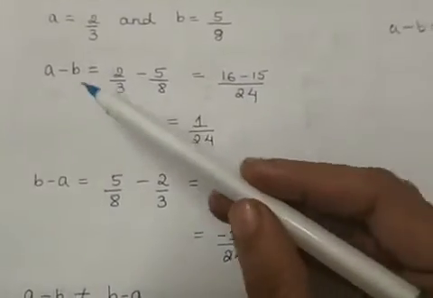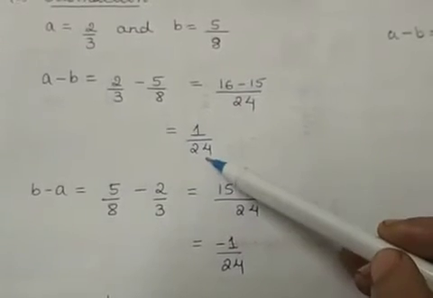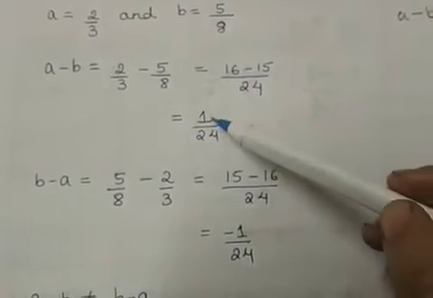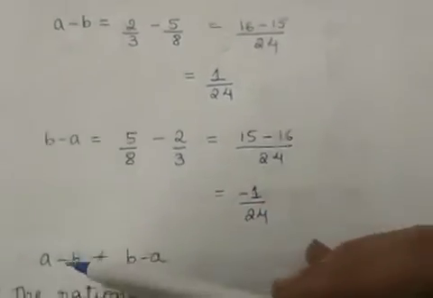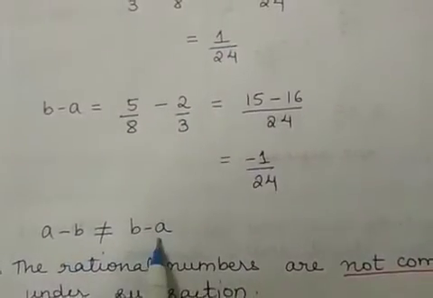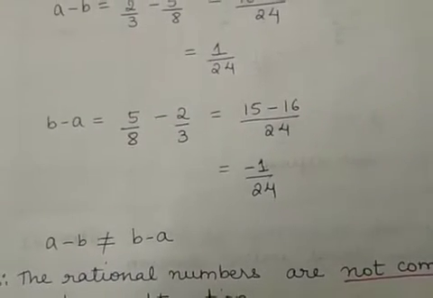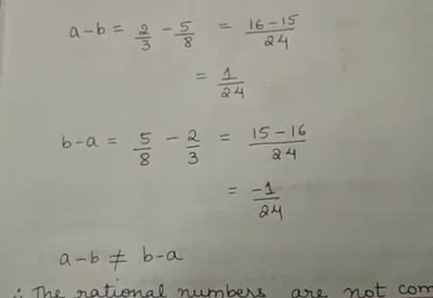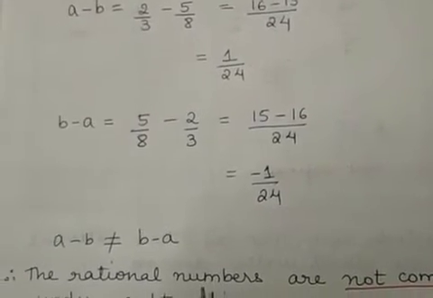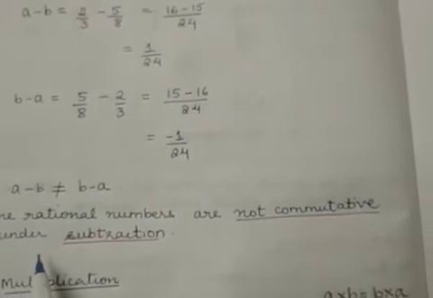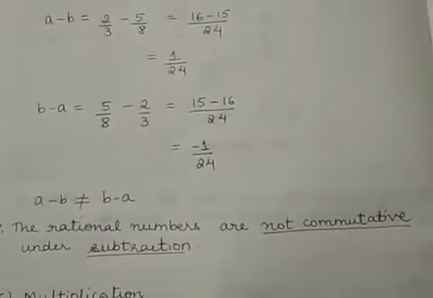So a minus b is 1 upon 24 and b minus a is minus 1 upon 24. These two are not equal. So a minus b is not equal to b minus a, which means the commutative property does not hold true for rational numbers under subtraction. So rational numbers are not commutative under the operation of subtraction.